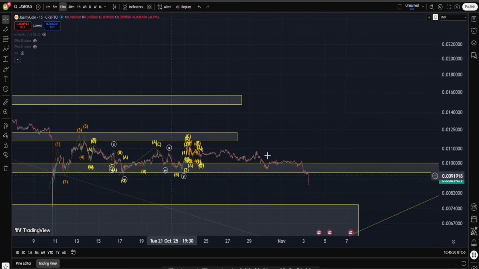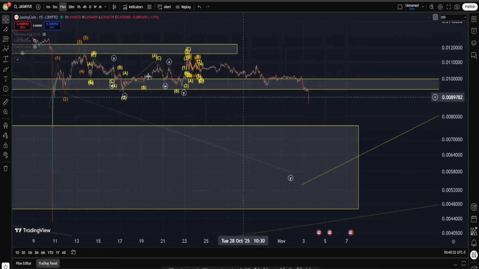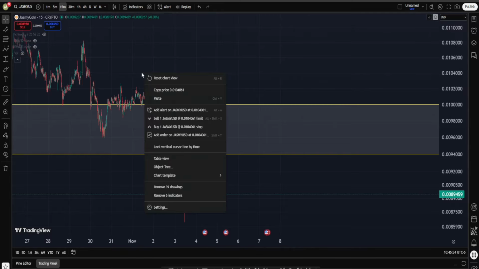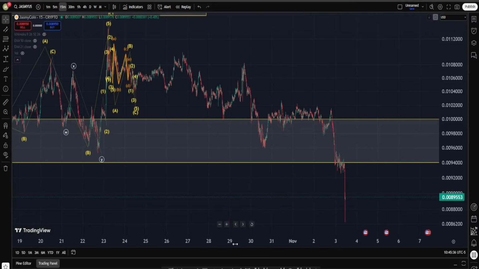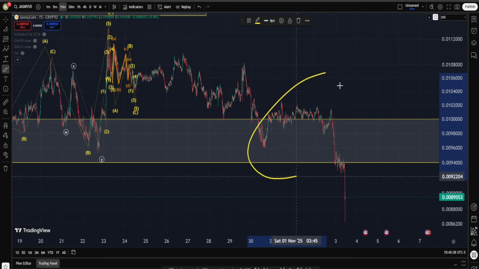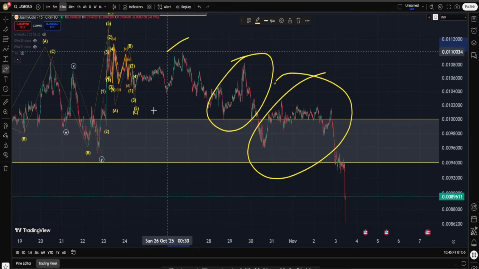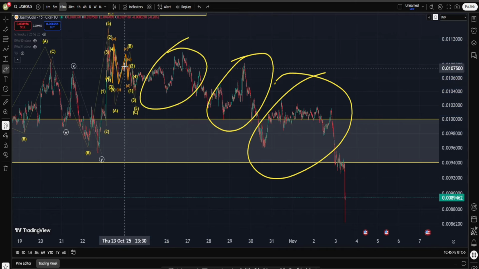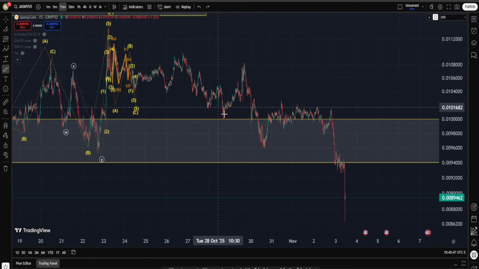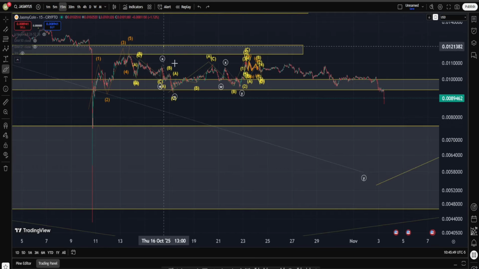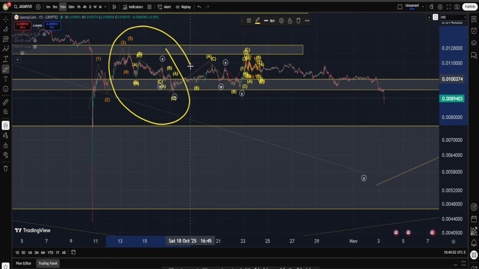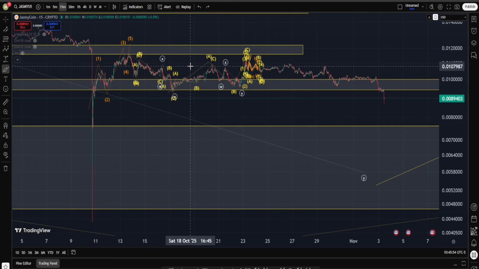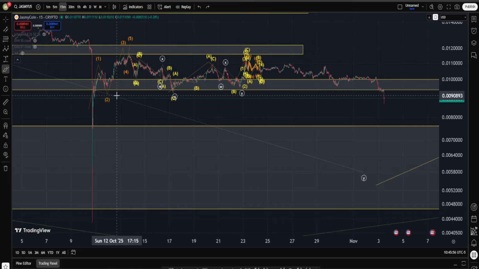So this move down must be a correction structure, and I think again I'm only able to find a correction here. Why? Because as you can see, we just constantly have, between our pullbacks up, overlapping of the waves, and that is a very clear sign of a corrective movement. And I am right now even considering this move down, actually thinking about something like maybe having a zigzag followed by a double zigzag.